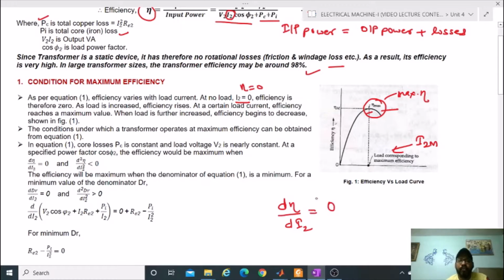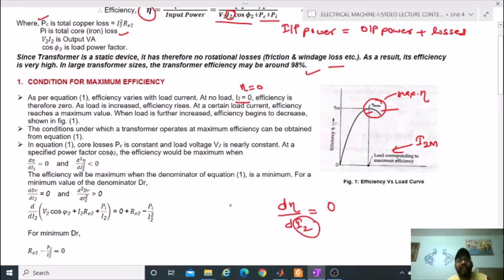So if we differentiate equation number 1 with respect to I2, because I2 is a variable quantity here, as V2 is constant and cos phi 2 is constant for a particular load. So I2 is variable, so we will differentiate the efficiency with respect to I2 and put it equal to 0. The equation which we obtain is known as the condition for maximum efficiency.